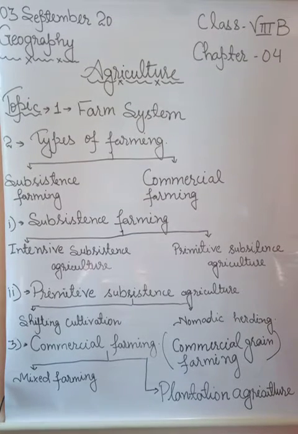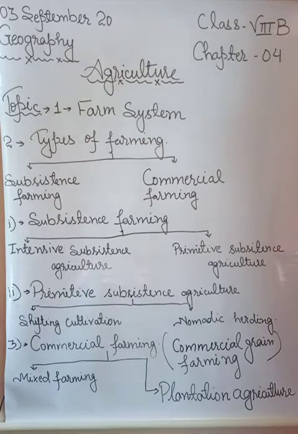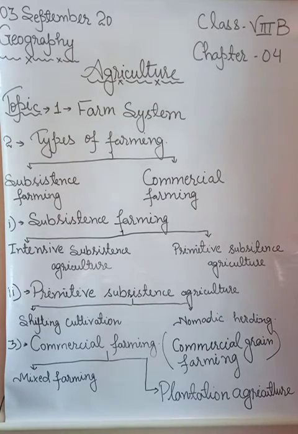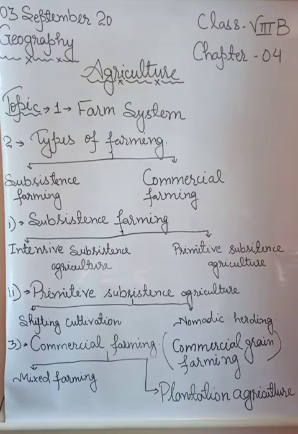First of all, you will do plowing in your field, and after that you will do sowing, and after that you will irrigate your field to grow a healthy crop, and after that you will do weeding for the extra growth in the field, and after that you will harvest your crop. So these are all involved as a system one by one. First is plowing, second is sowing, third is irrigation, fourth is weeding, and lastly harvesting.